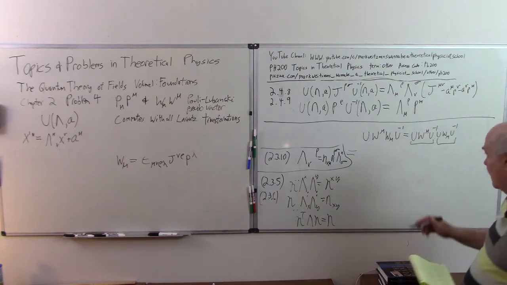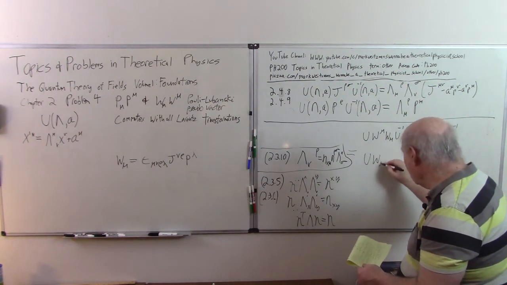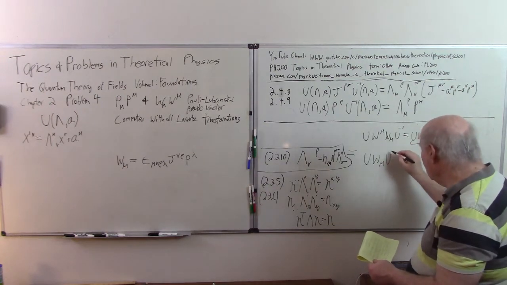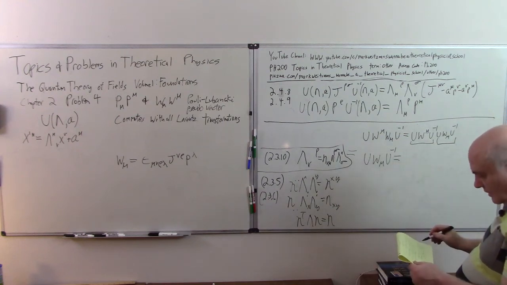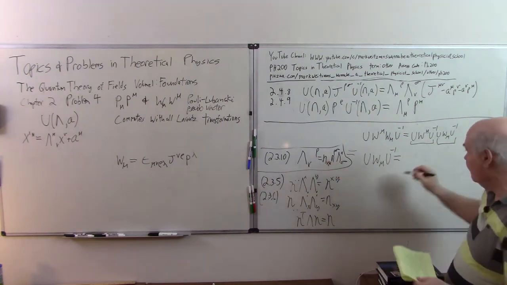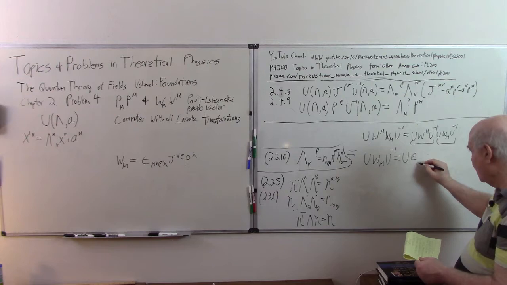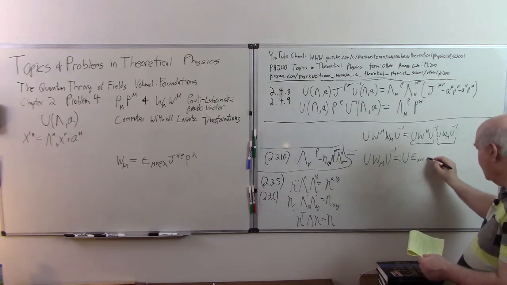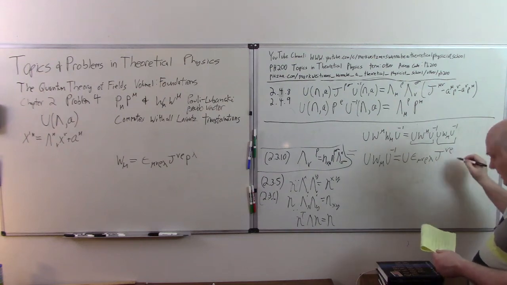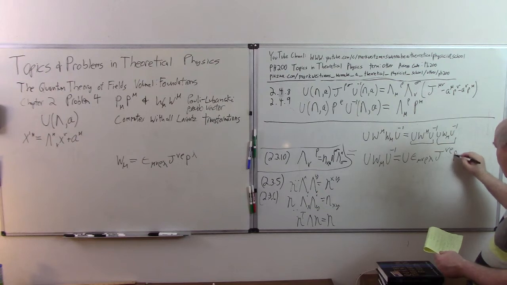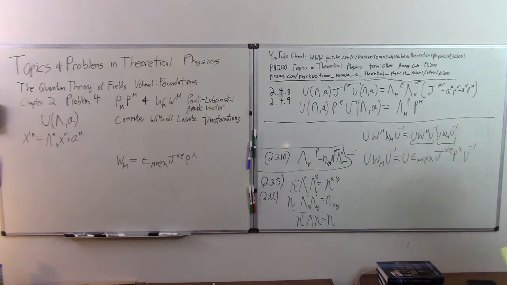So let's now compute U W^mu U inverse. Substituting that definition in here, we get epsilon^mu nu rho lambda.